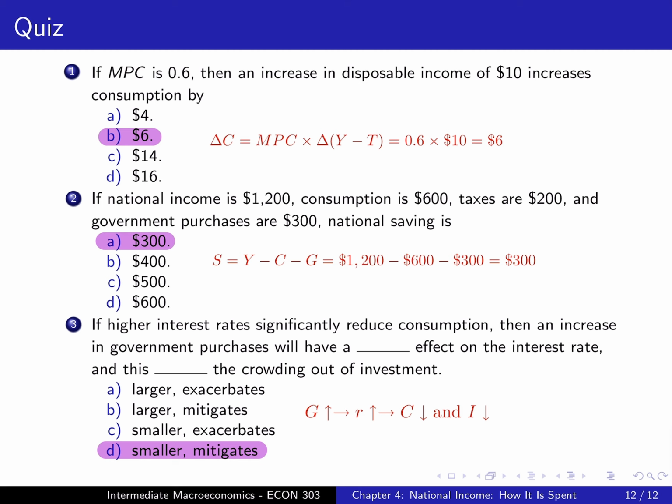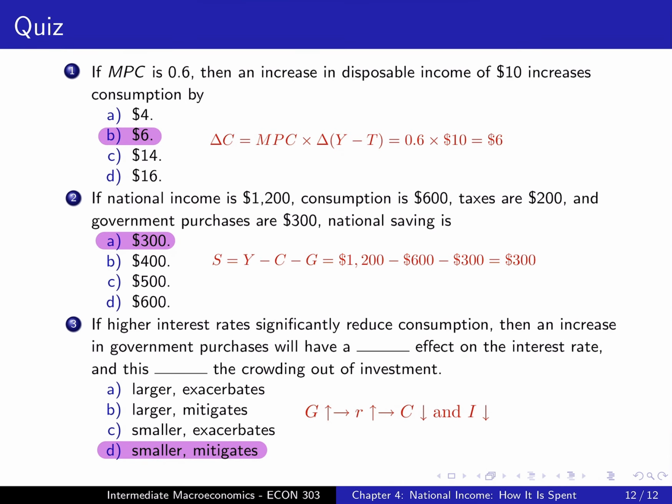Since the rise in interest rate is smaller, the reduction in investment is also smaller. The conclusion is that the interest rate rises by less and the resulting crowding out of investment is mitigated. The answer is D, smaller effect on the interest rate, and this mitigates the crowding out of investment.